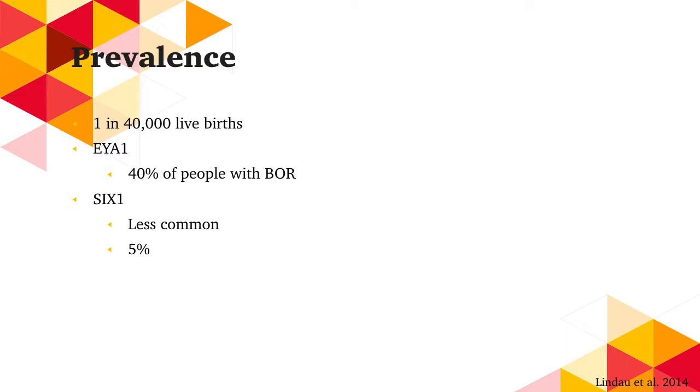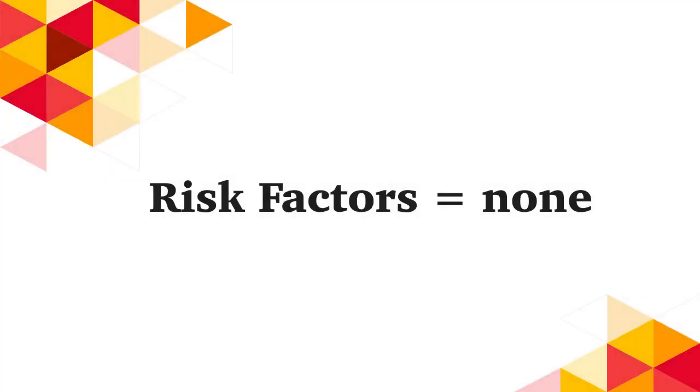It's also a fun fact, I guess, that about 2% of kids who are diagnosed with profound hearing loss have BOR syndrome. So that's just something to keep in mind. And the risk factors for BOR, well, there are none because BOR is a syndrome due to a genetic mutation.